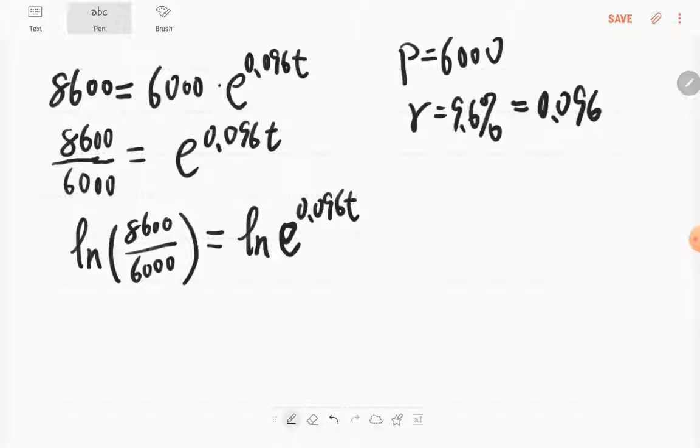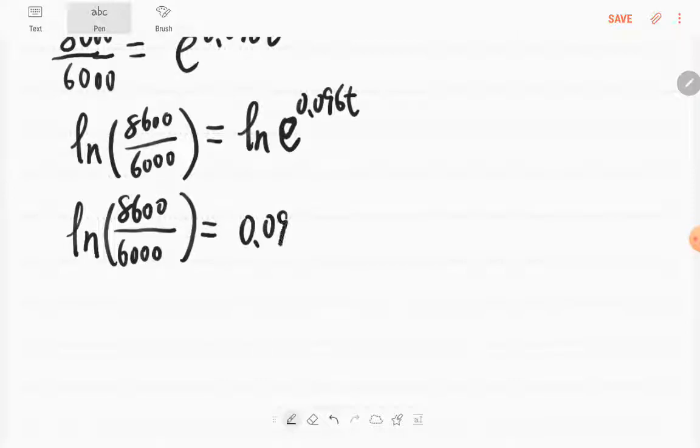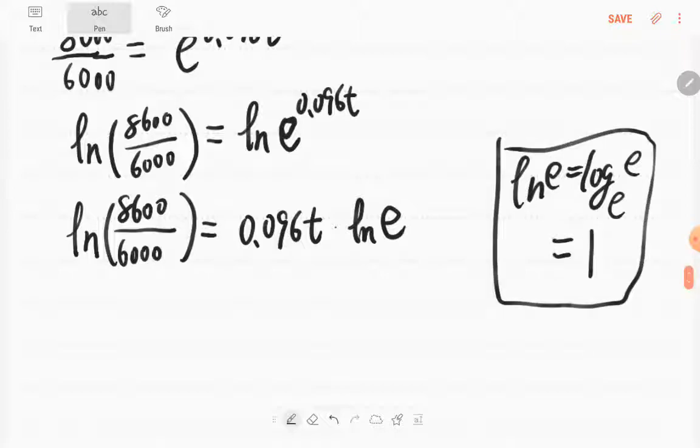Then we can go back to look at when we study the logarithmic function, we have some properties for the logarithm. This says you can bring down this power in front of the natural log: 0.096t times natural log of e. Natural log of e is the log to the base e of e, right? So this will give you 1. Natural log of e equals 1.